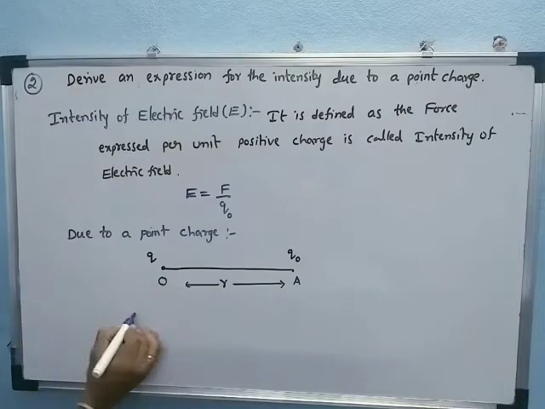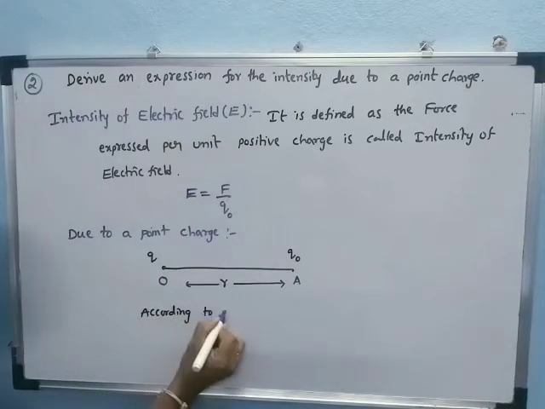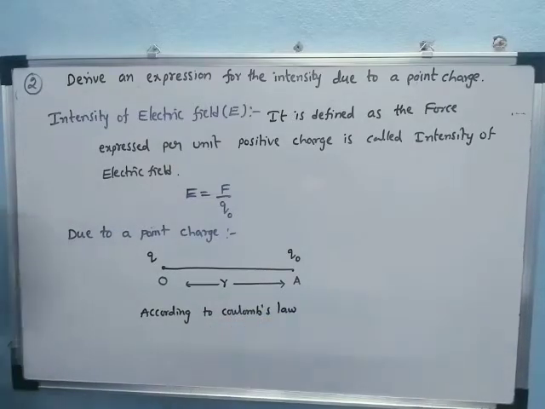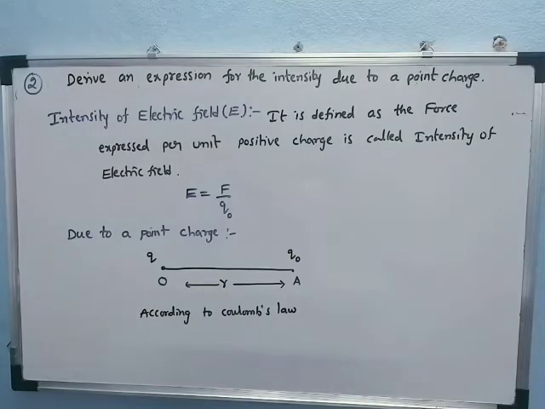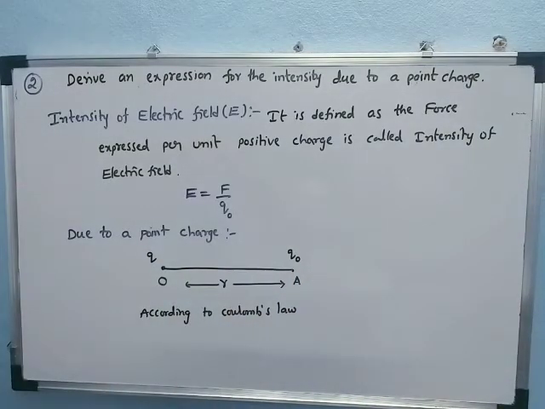According to Coulomb's law, the force of attraction or repulsion between two charges is directly proportional to the product of the charges and inversely proportional to the square of the distance.